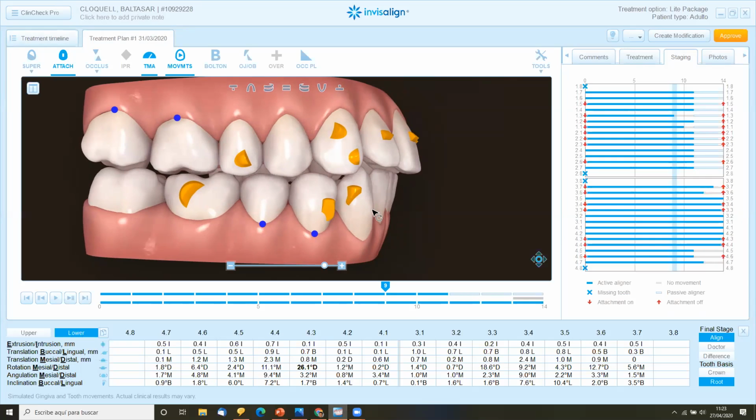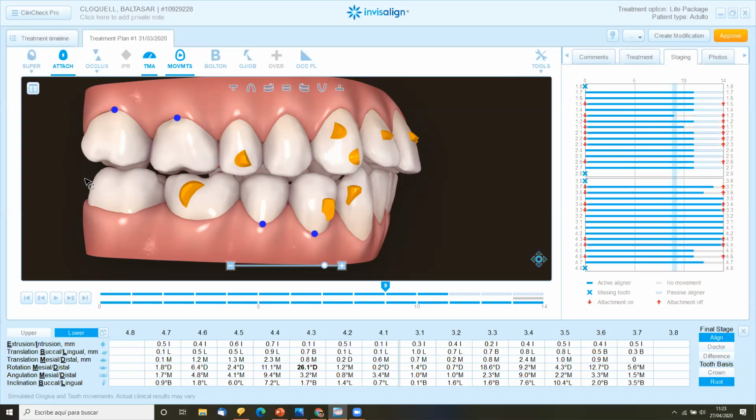So if you are planning a light case only with aligners, please don't try to intrude posteriors to auto-rotate the mandible. If you are going to fix the malocclusion in this way, you always have to move to a comprehensive, okay? So important thing, this is planned like a light treatment, okay?